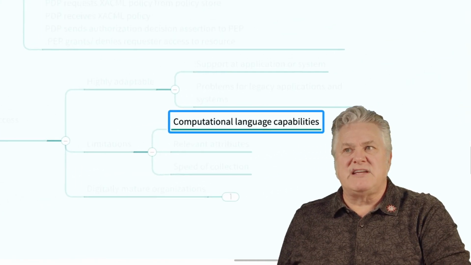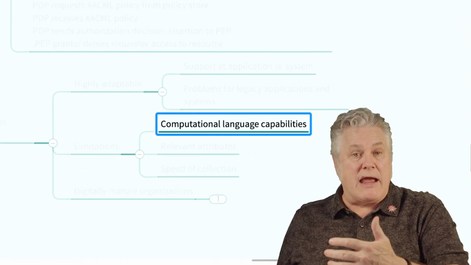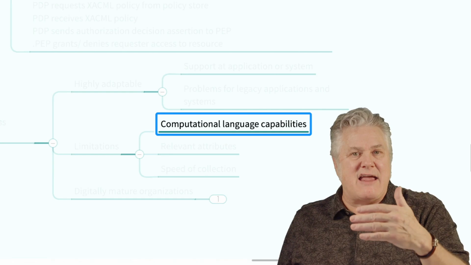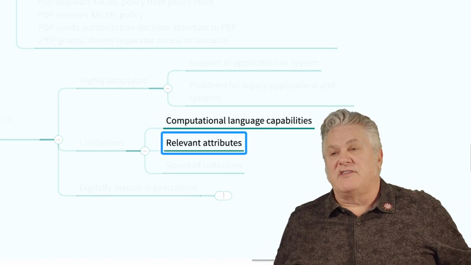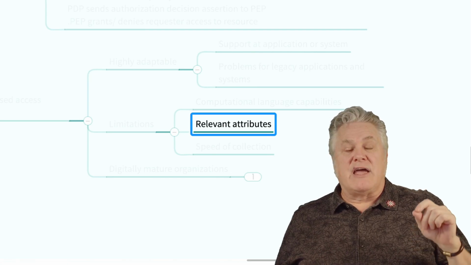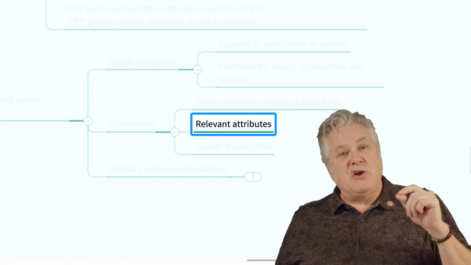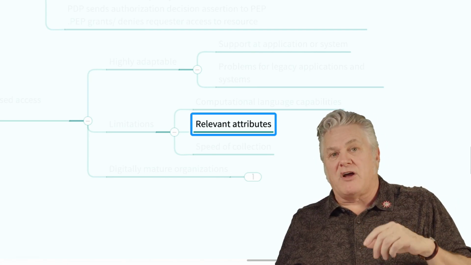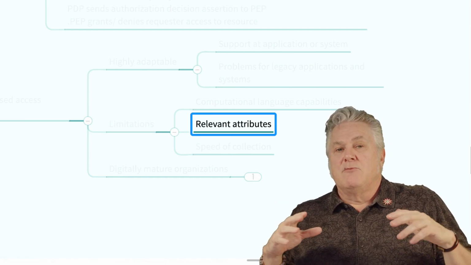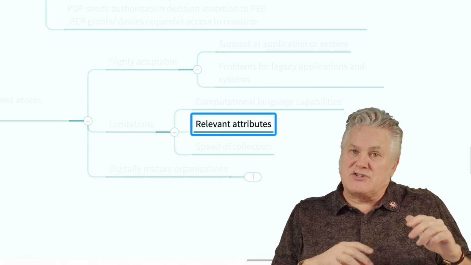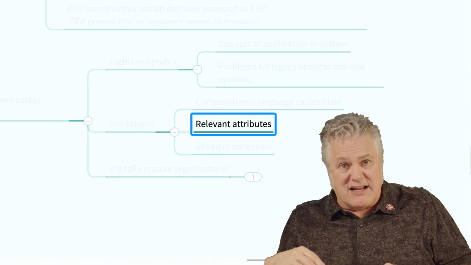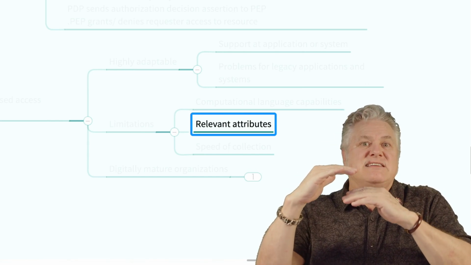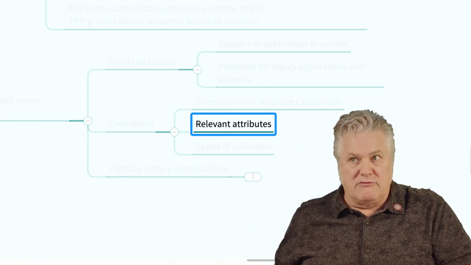It does have limitations, like computational language capabilities are at a premium here if we have really large policies that we have to download. We have to look at relevant attributes and collect only relevant attributes. We don't want to collect too much information, because when we query the resource, the attribute server, and the requester itself to find out all this information that's going to make this policy decision, it's going to make it really, really deep.